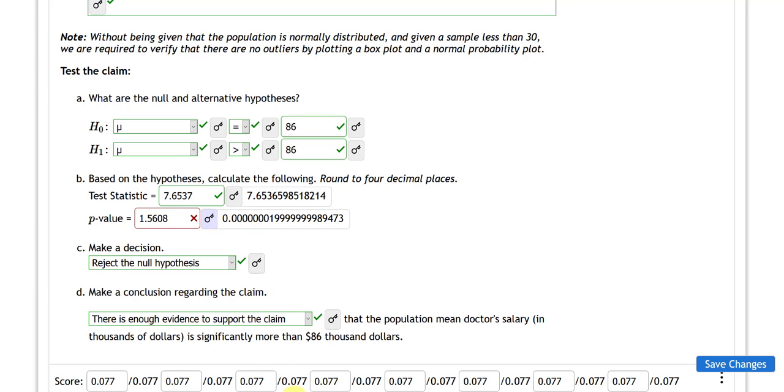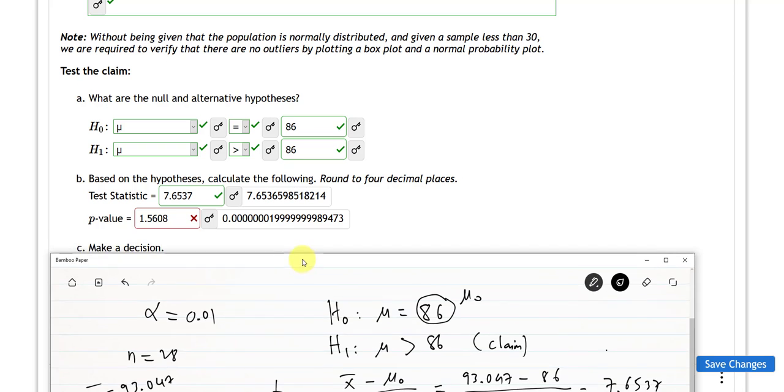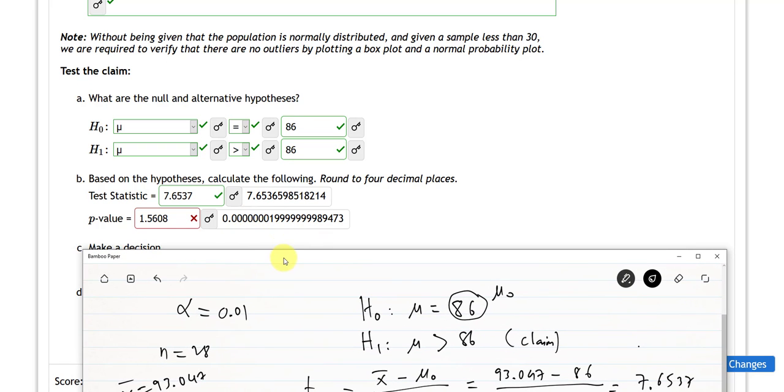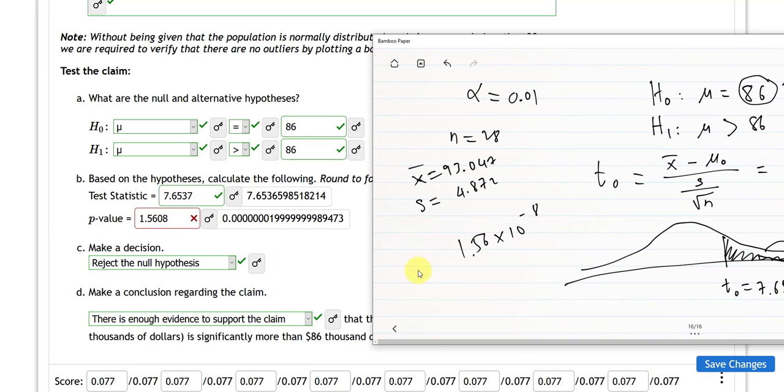If you rewrite it as a decimal value, it's 0.0000000156. They are using some type of rounding here, so you may not get exactly the decimal places, but you should get something like 10 to the negative 8.